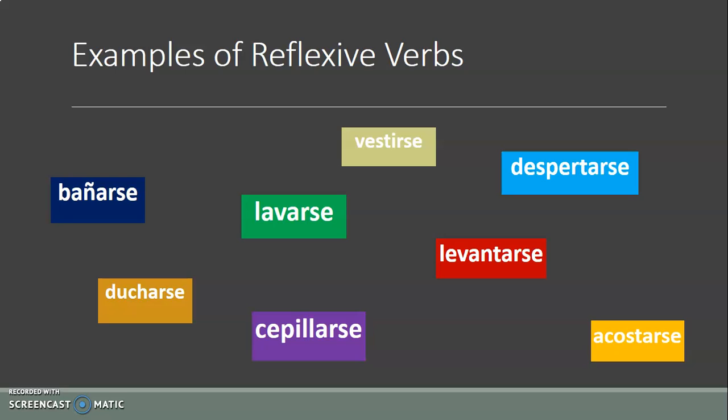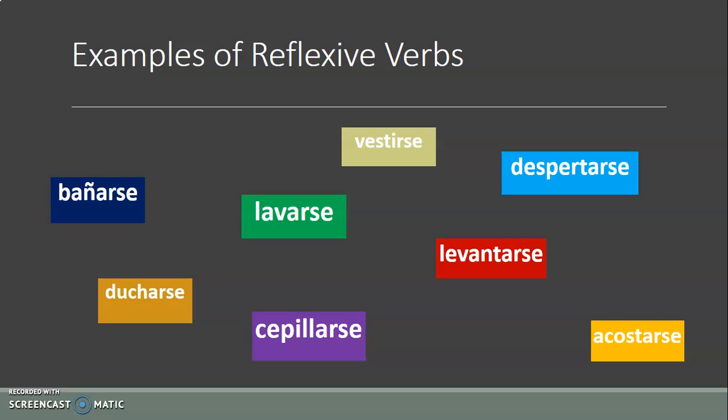All of them end with se. Usually they can function on their own without having se at the end, but putting se at the end changes the meaning so that you know it's a reflexive verb. You know that that verb intends for you to do an action to yourself or for someone to do an action to himself. Okay? So, bañar would mean to bathe, but bañarse means to bathe oneself.